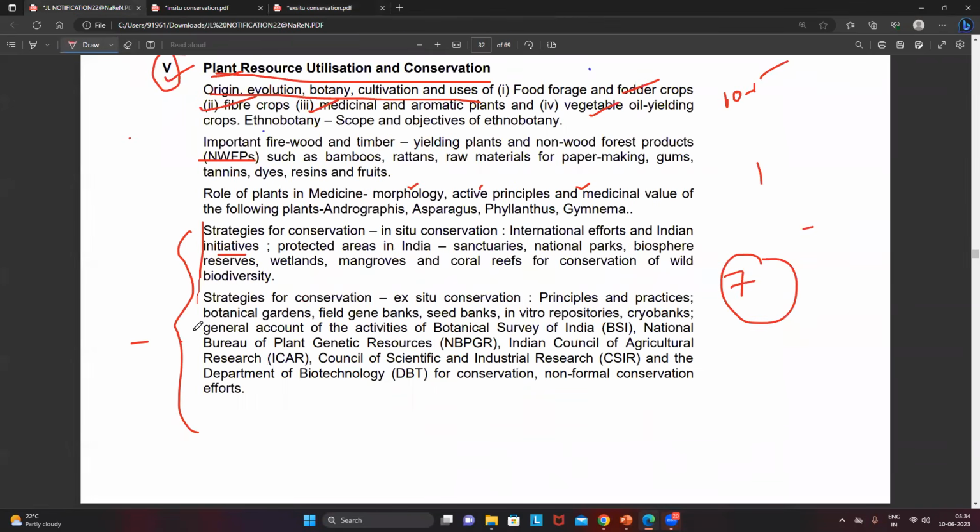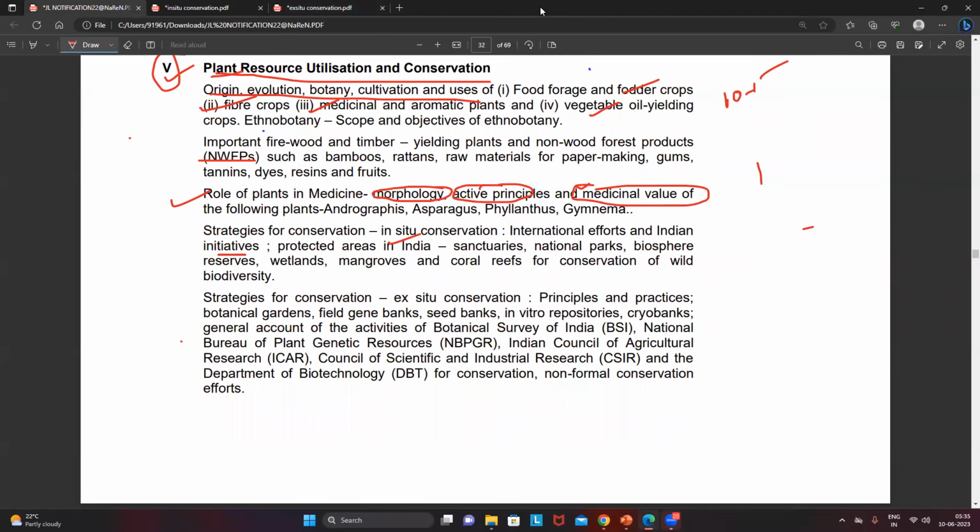So we have clearly covered strategies for in situ and strategies for ex situ. It is done. Now listen, what is there in the third one? Role of plants in medicine. In the syllabus they have very clearly mentioned morphology, active principles, and medicinal value.